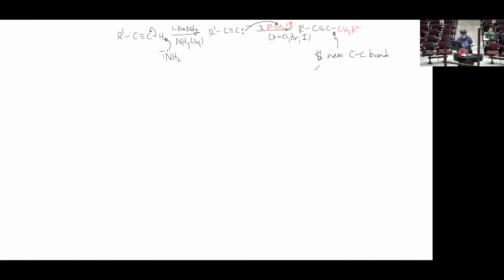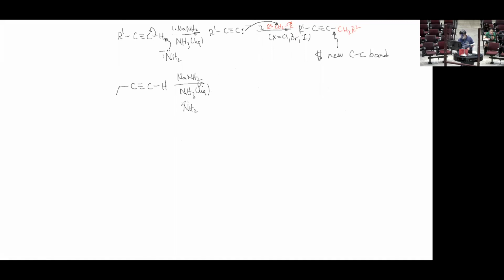To give an example, I think we have time for maybe one example. Let's say that we took 1-butene and treated it with sodium amide and liquid ammonia. You don't really have to put a one in this case. As long as you use separate arrows, it's clearly implied. Well, we can understand that.